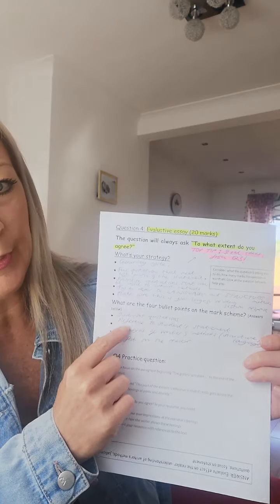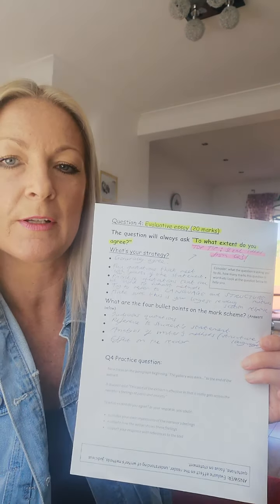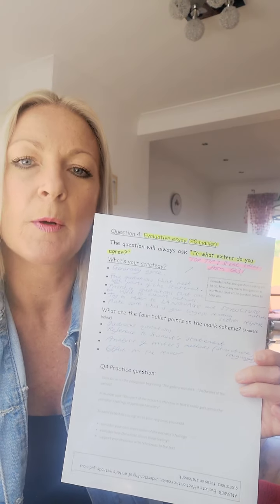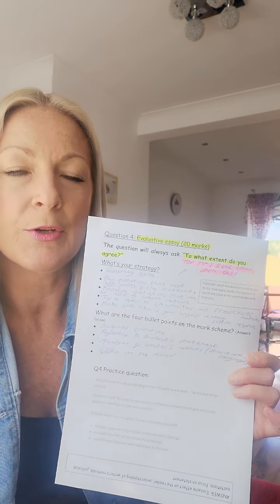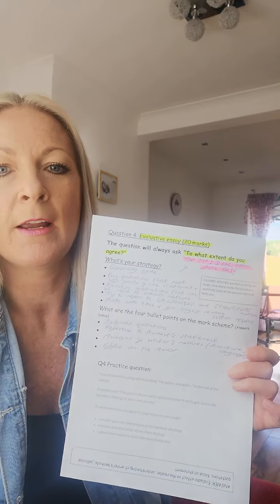The second bullet point on the mark scheme is making reference to the student's statement. So I have to constantly in my response keep going back, like you should in any essay, to the focus of the essay.